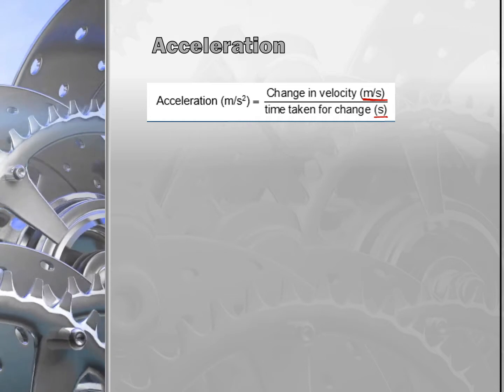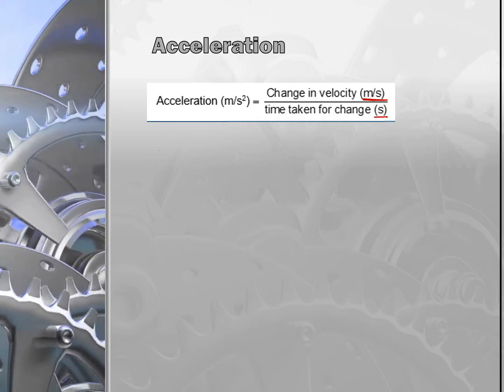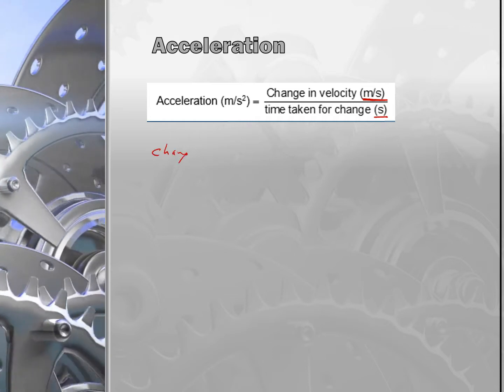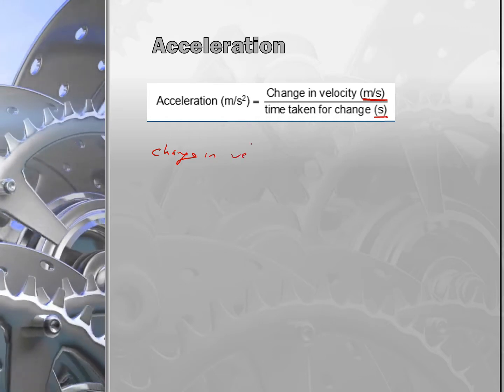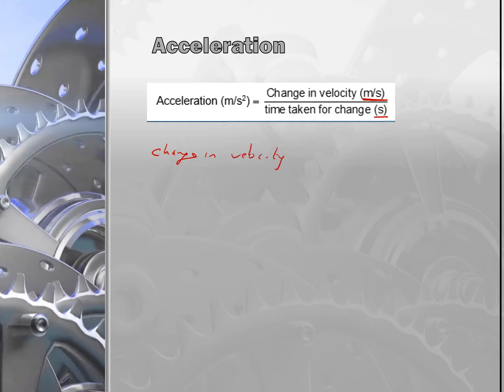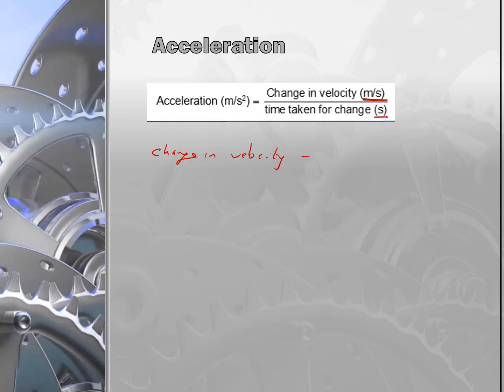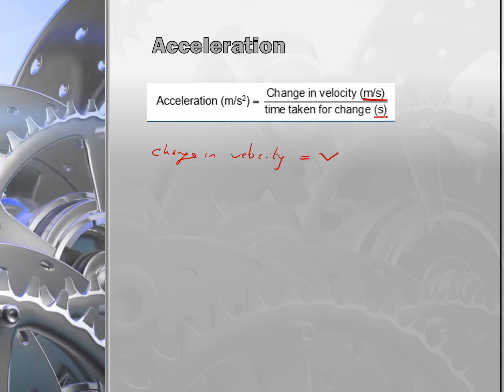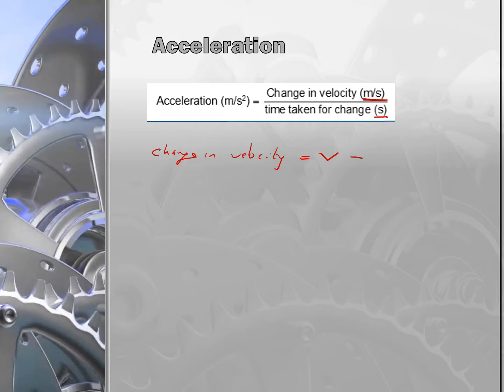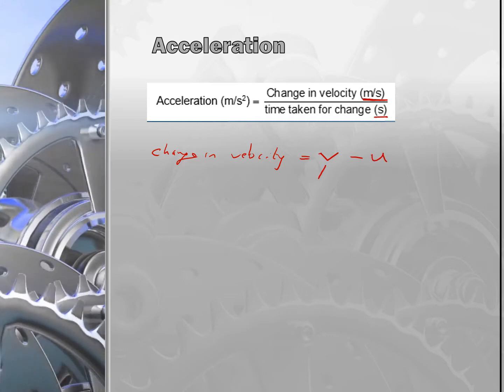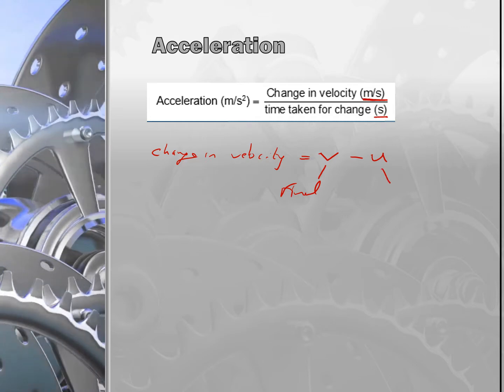The change in velocity can also be written as the final velocity v minus the initial velocity u. The final velocity is what you end up with. The initial velocity is what you started with.